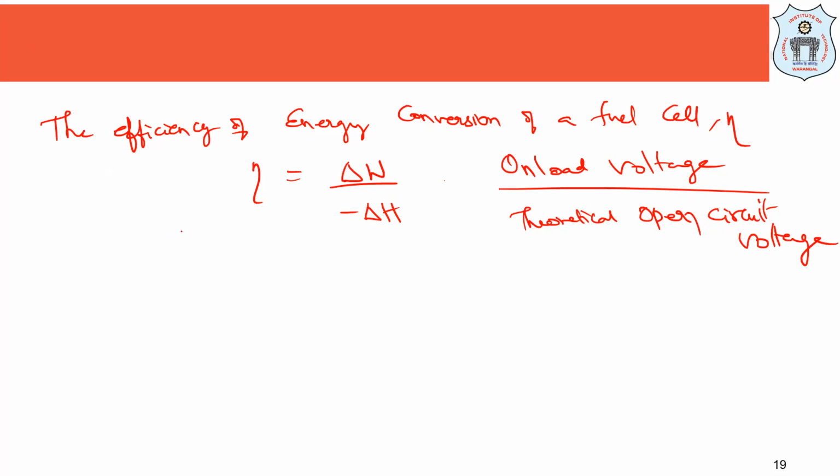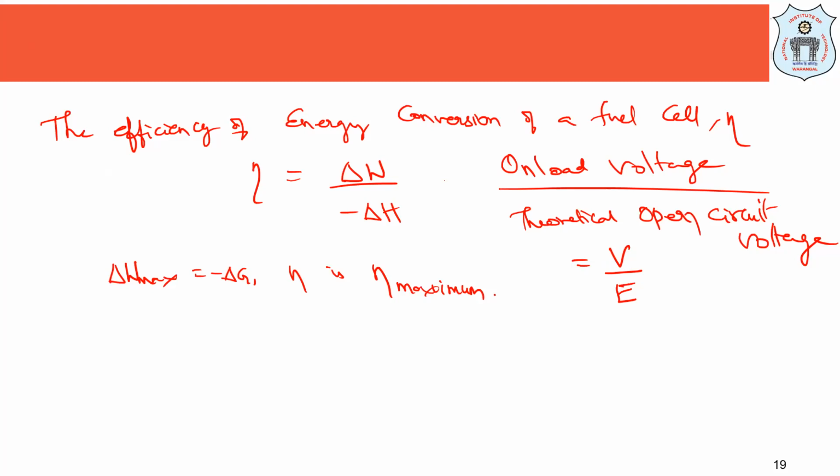When will this efficiency be maximum? We have seen that it is maximum for a reversible process. So when we have delta W max equal to minus delta G, the efficiency is maximum. The other way, it is V by E, on-load voltage by theoretical open circuit voltage.